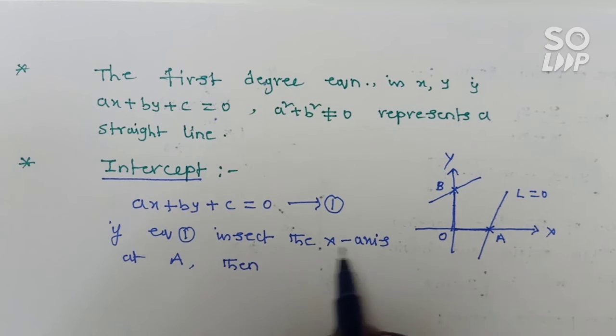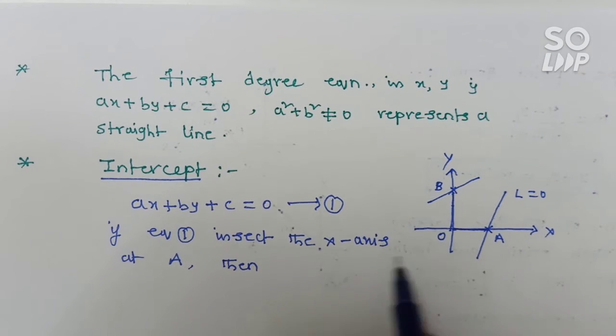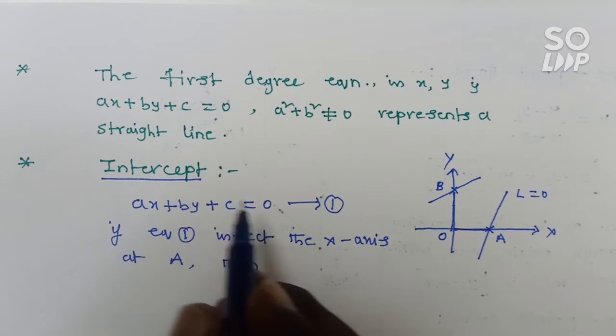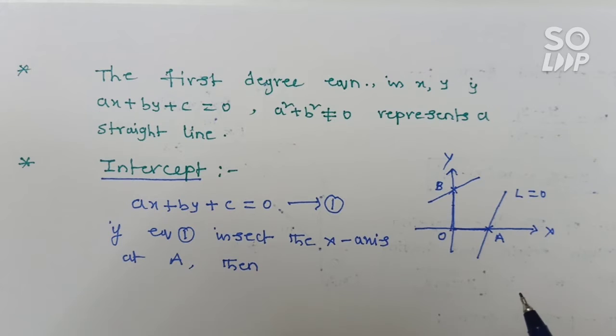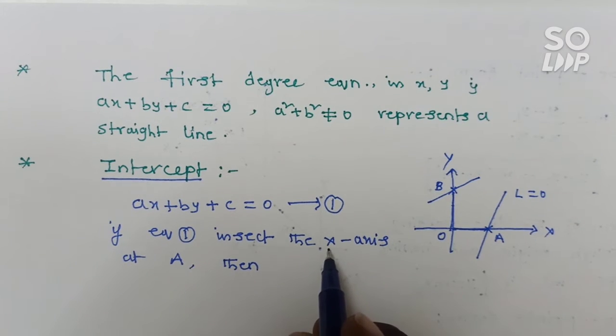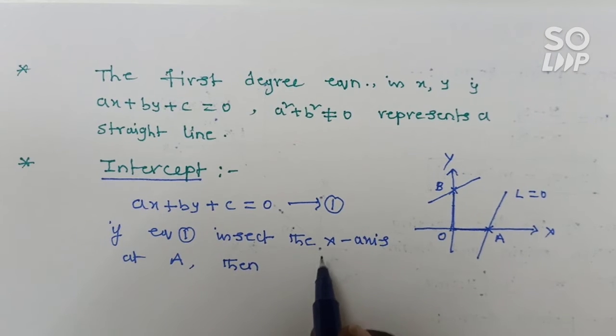Intersecting means both of the lines should have a common point. Intercept means the distance from the origin to the point of intersection.